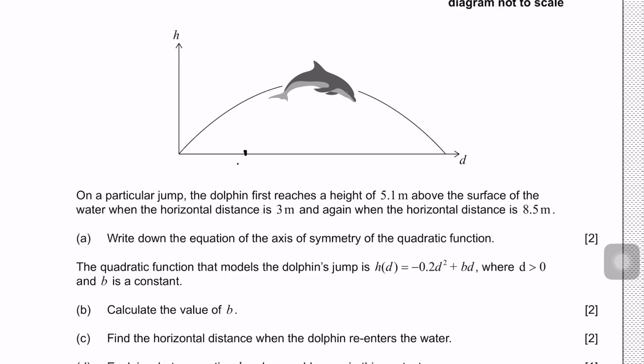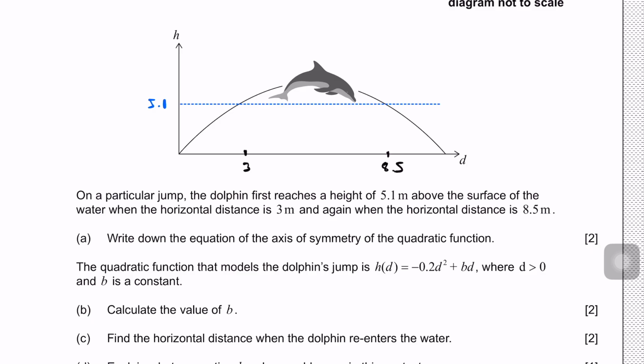So at 3 meters, let's imagine this is 3 meters. And let's imagine this is 8.5. And let's try to illustrate this, maybe just slightly. Let's say this is 5.1 meters.